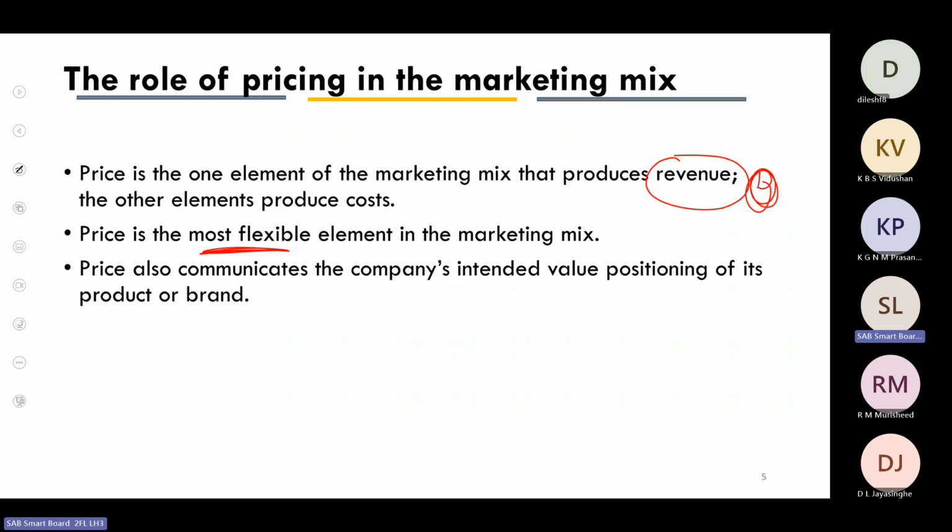Let's say, as an example, if we change the product, see how difficult it would be. We might have to change the raw materials we are using, the machinery we are using, and labor might need some specific training.